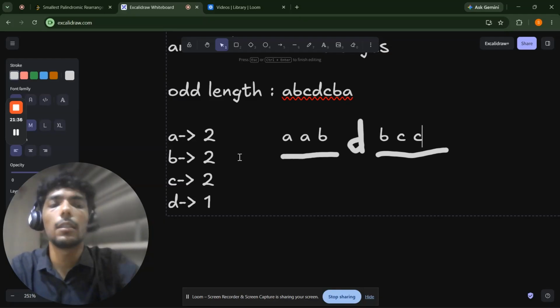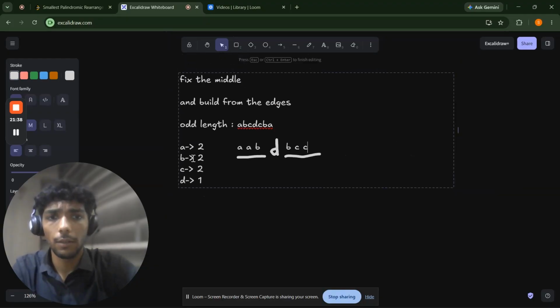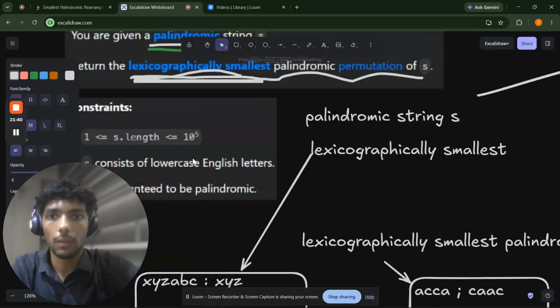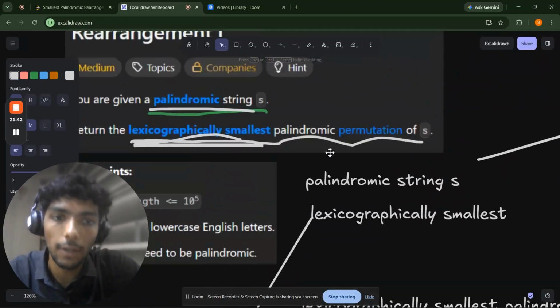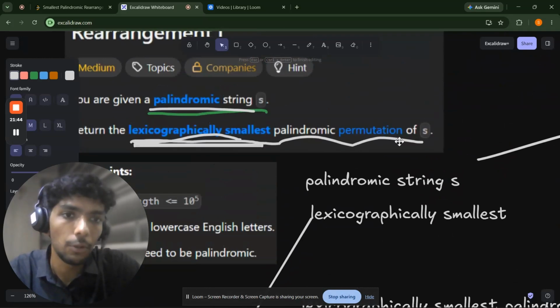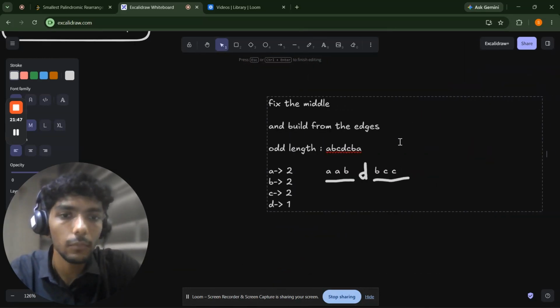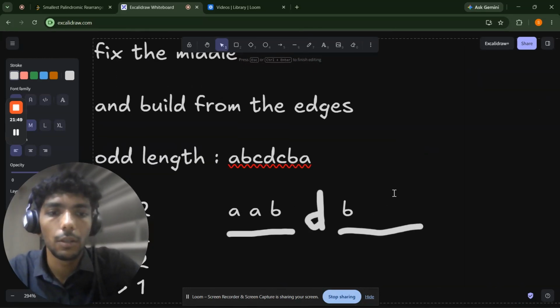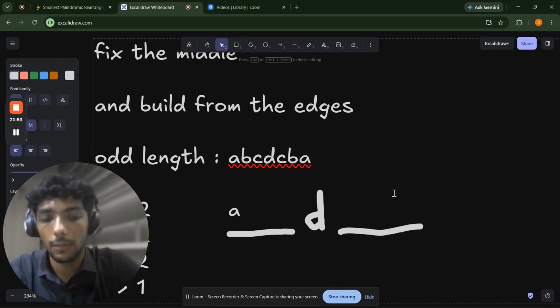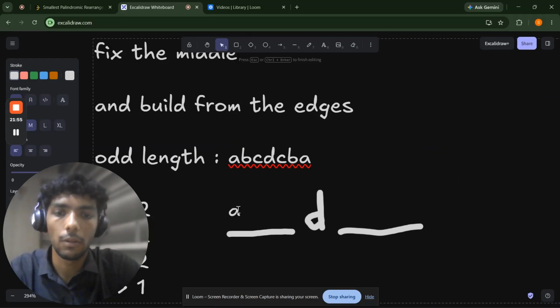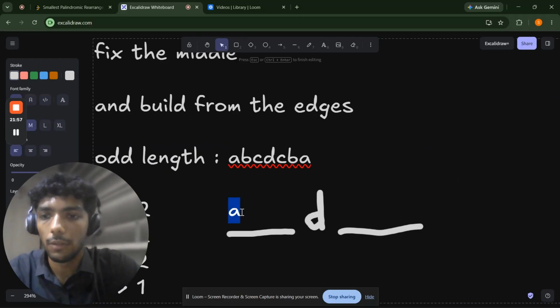Then C and then C. We have found the lexicographically smallest, but we have one more thing: it should be a palindromic permutation of S. So this will not work, because for smallest we started with A.